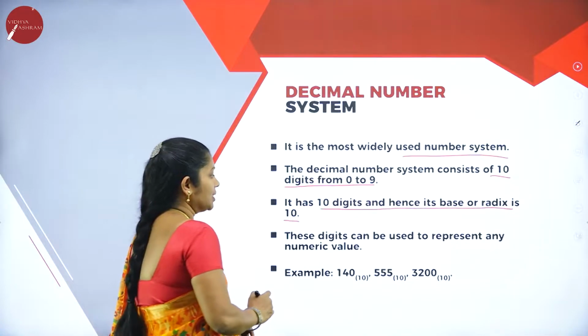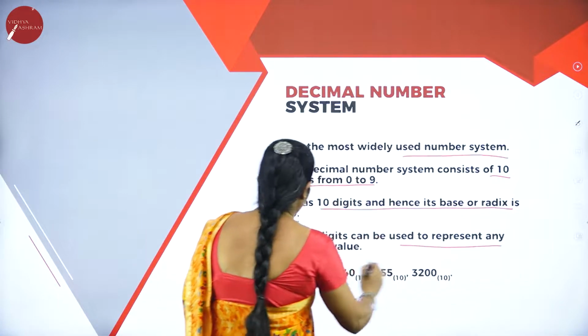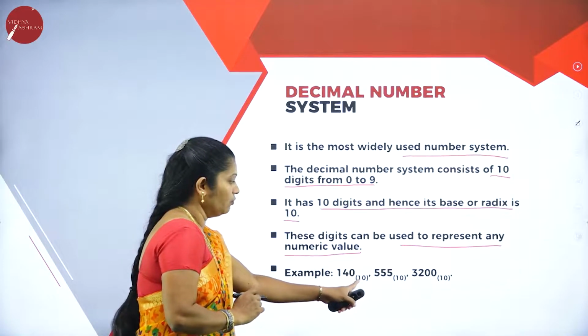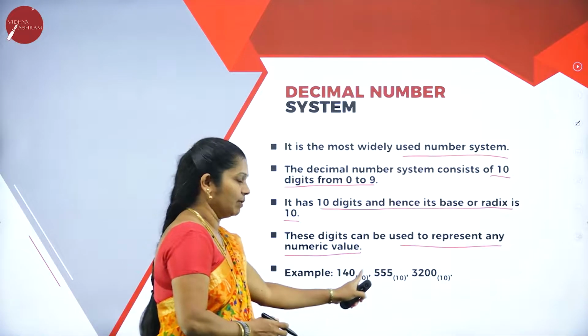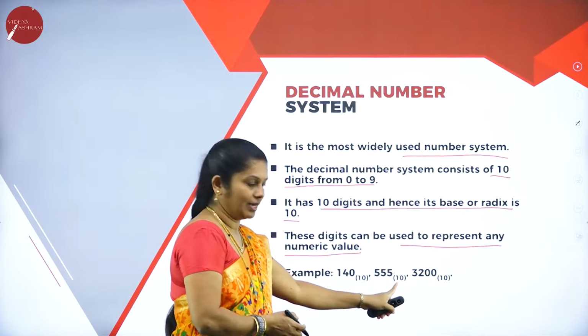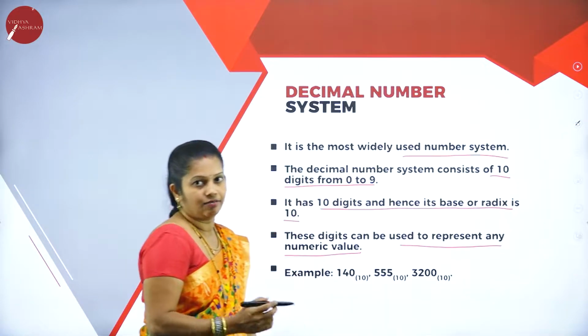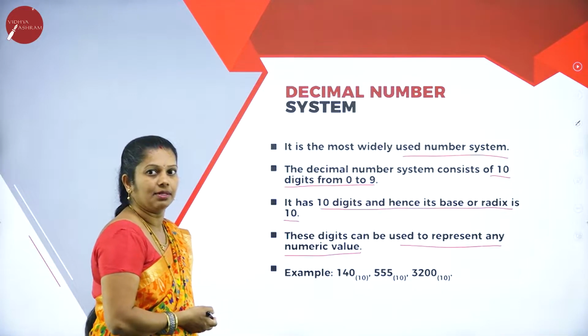These digits can be used to represent any numeric value. For example, 140 in base 10, 555 in base 10, and 3200 in base 10 are all decimal numbers.